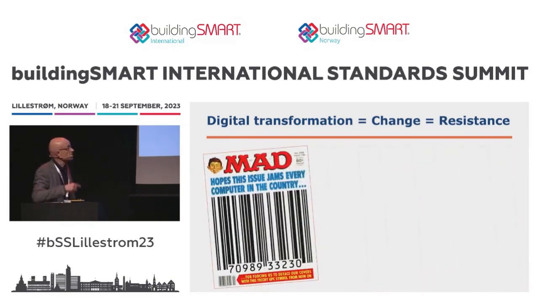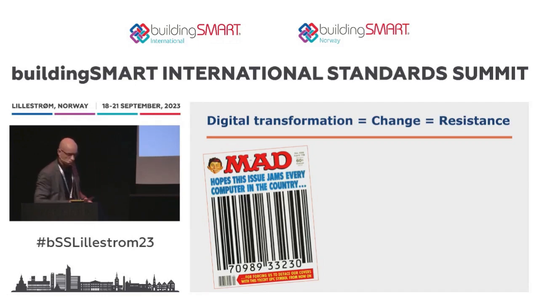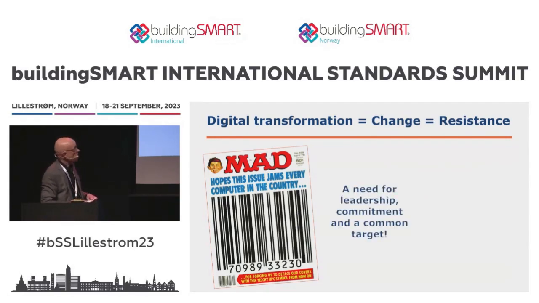And I think this edition of the satire magazine Mad from 1978 says it all. They were forced to have this barcode down on the left corner, and they were not happy about that. That was a change they were not happy about. And we know that this is the challenge we meet today to come through this digital transformation.